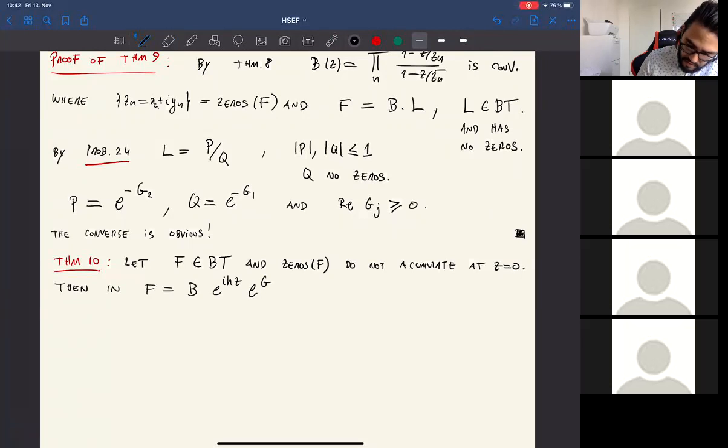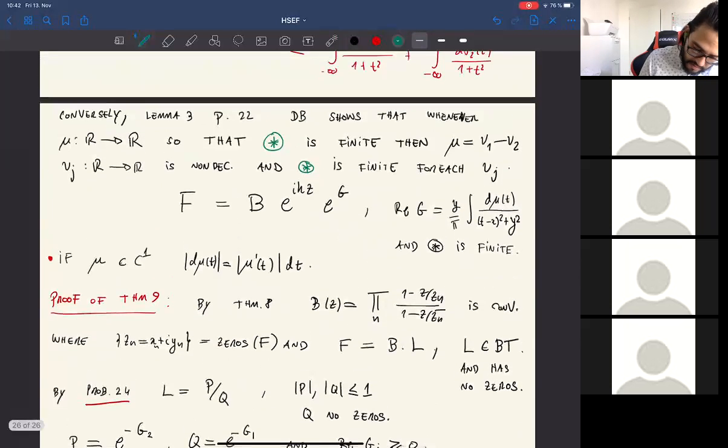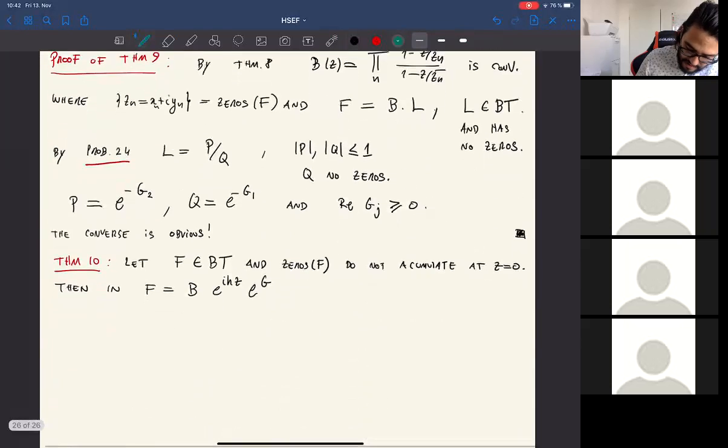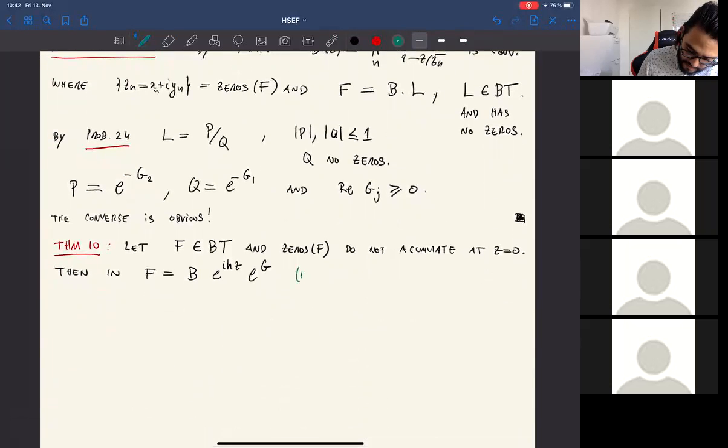Let me put factorization N, for Nevanlinna. The N factorization.